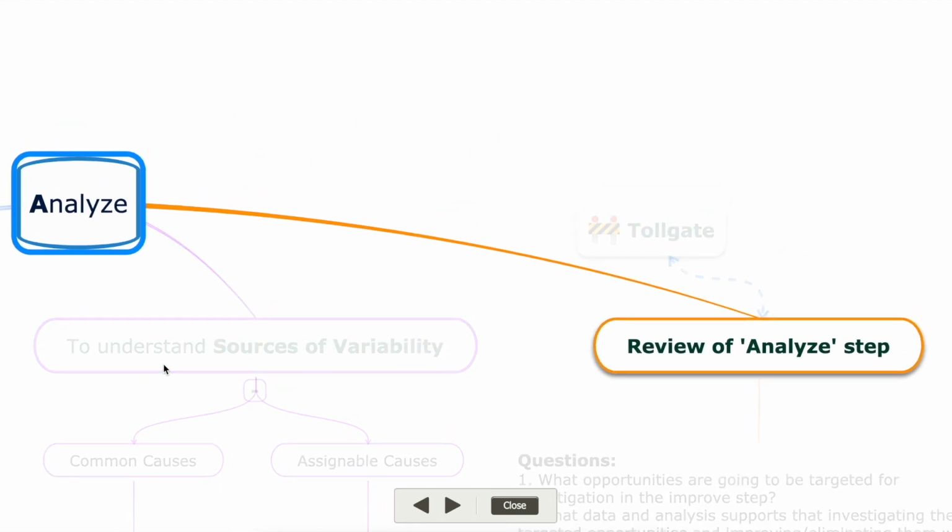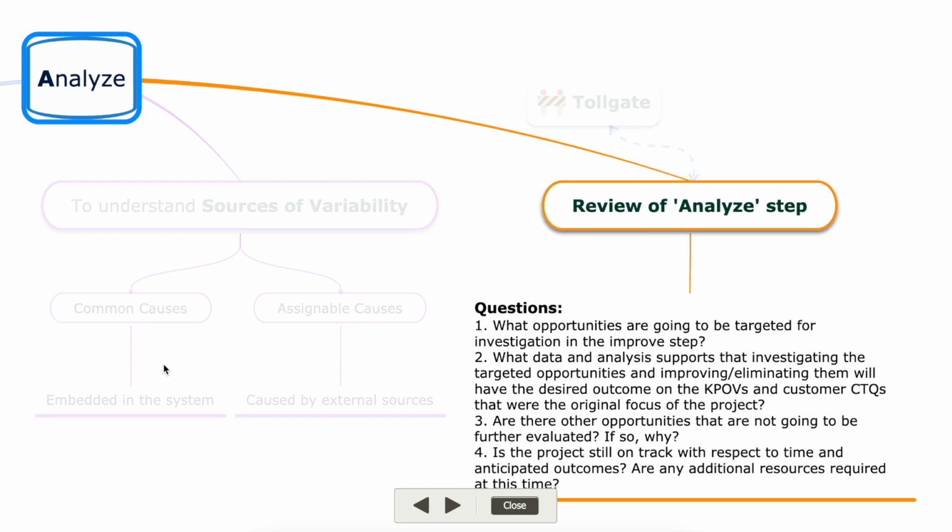At the end of this analyze step, we come to the review stage, where the project manager will review the performance of this step, whether all the objectives have been achieved or not, based on these questions: what opportunities are going to be targeted for investigation in the improve step?